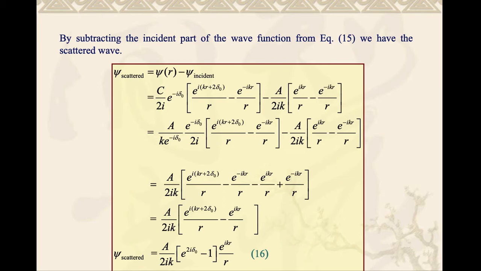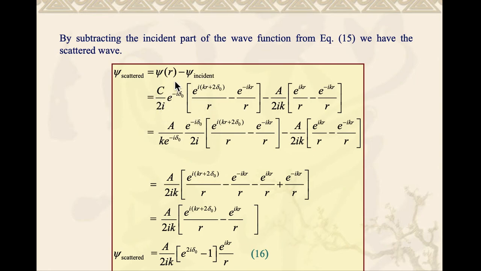So in order to find the scattered one, you subtract the incident wave function from it. This is the total one after scattering, so it contains incident as well as scattered. So you will be subtracting psi incident from psi(r).